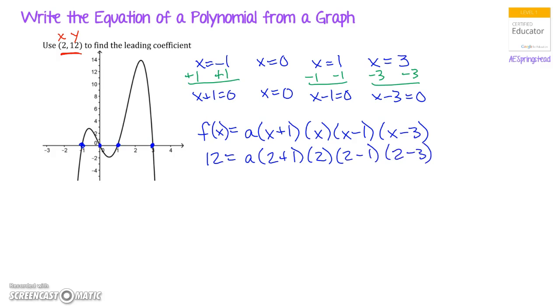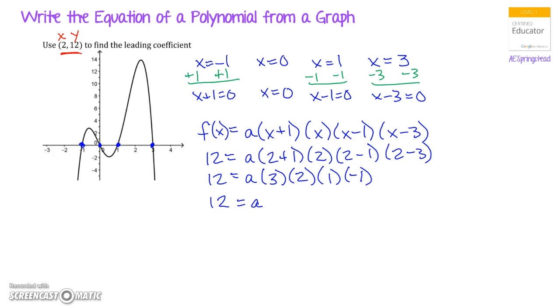And now we're just going to simplify each of those quantities on the right-hand side. So 2 plus 1 is equal to 3, times 2, times 2 minus 1 is 1, and 2 minus 3 is -1. When we multiply those values on the right-hand side, 3 times 2 is 6, 6 times 1 is 6, and then 6 times -1 gives us -6.